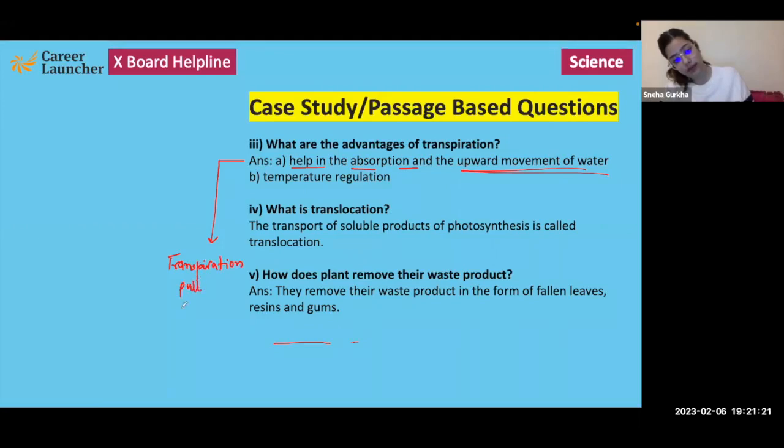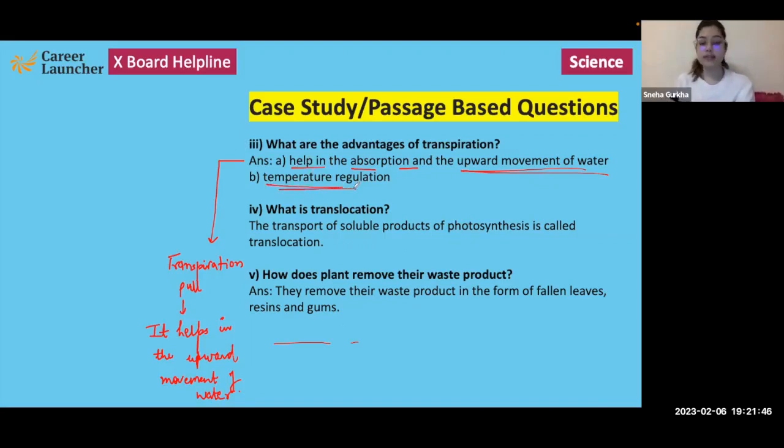It helps in the upward movement of water, right? And second advantage of transpiration is that it helps in temperature regulation. So these are the two advantages of transpiration.